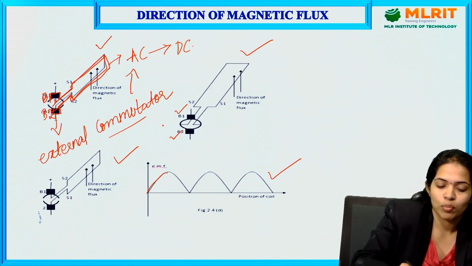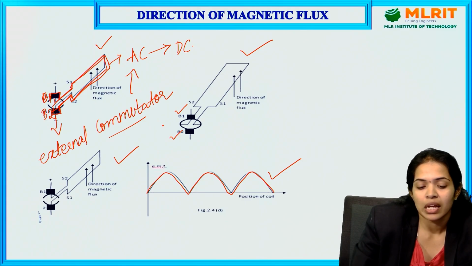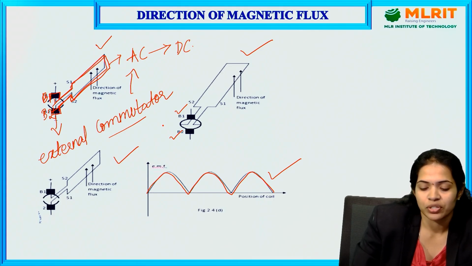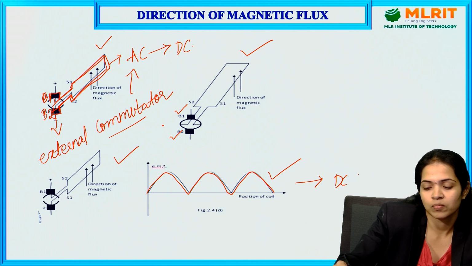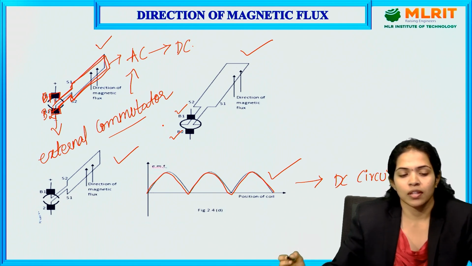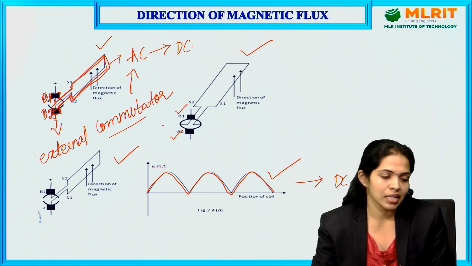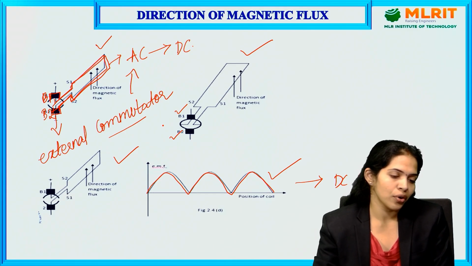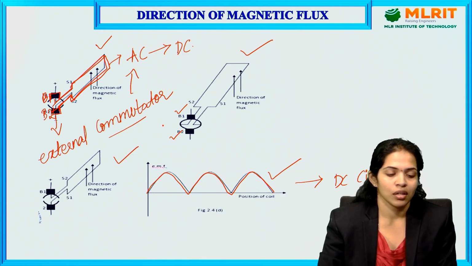This is the waveform of unidirectional voltage which is produced at the ends of the brushes, which is delivered to the external DC circuit of your generator. This is the whole working principle of a DC generator discussed in different instances of coil rotation, and the respective EMF voltages induced in that particular instance were also discussed in the previous slides.